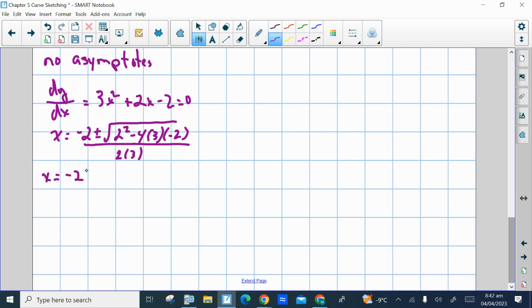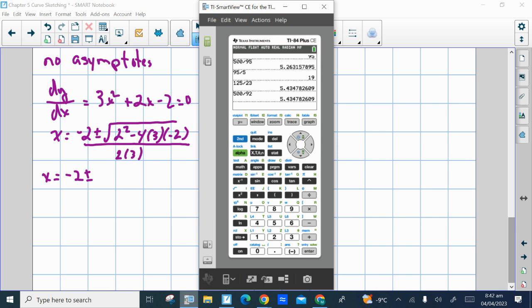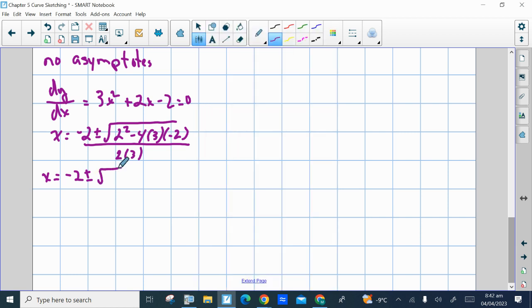So x will be negative 2 plus and minus the square root of the discriminant, 2 squared minus 4 times 3 times negative 2. Our discriminant is 28. And we can reduce that a little bit because root 28 breaks down to root 4 root 7, or 2 root 7, all over 6.